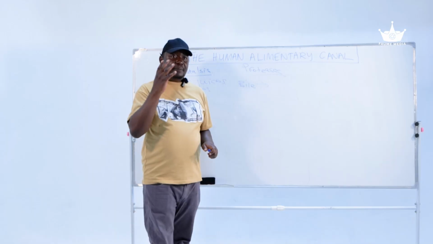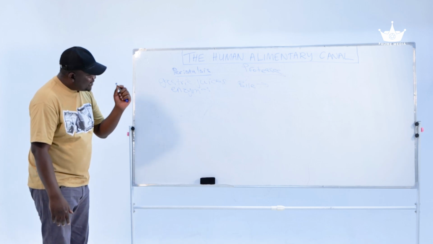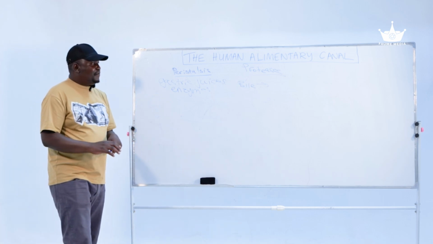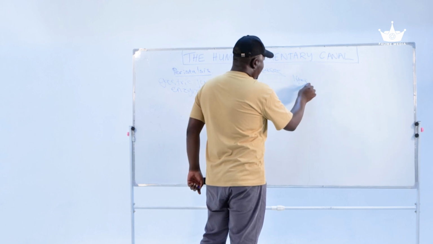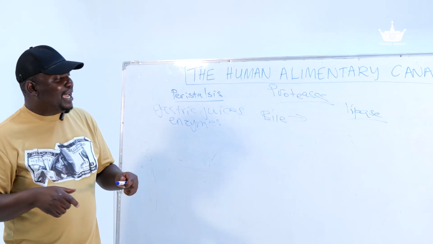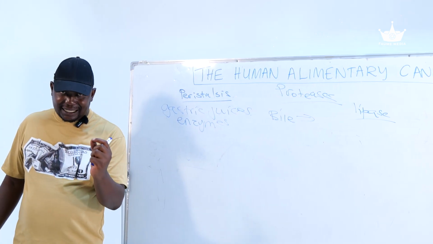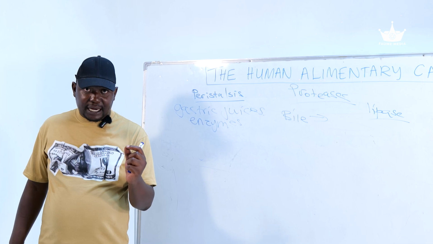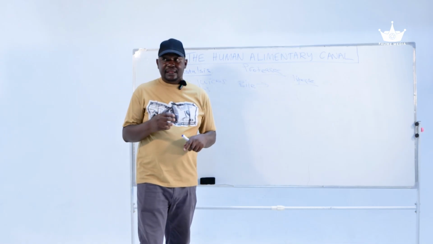Within that very same duodenum, you have the enzyme lipase. Lipase from the pancreas will come and break the fats into fatty acids and glycerol. You understand? All right. So these are the basic nitty-gritties that actually transpire in that regard.